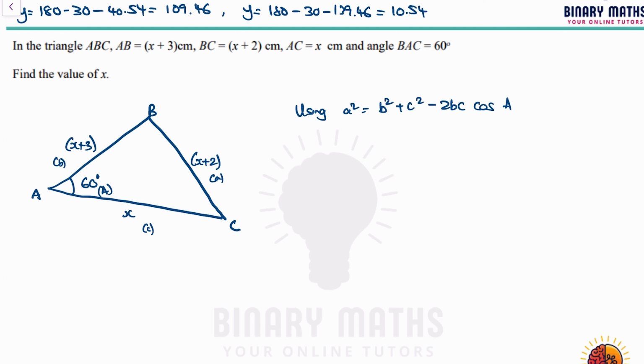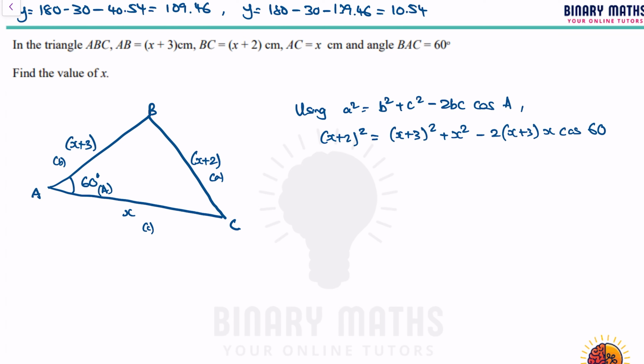So I get x plus 2 squared is equal to x plus 3 squared plus x squared minus 2 times x plus 3 times x times cosine 60. If I expand this, I get x squared plus 2 lots of 2x plus 2 squared.